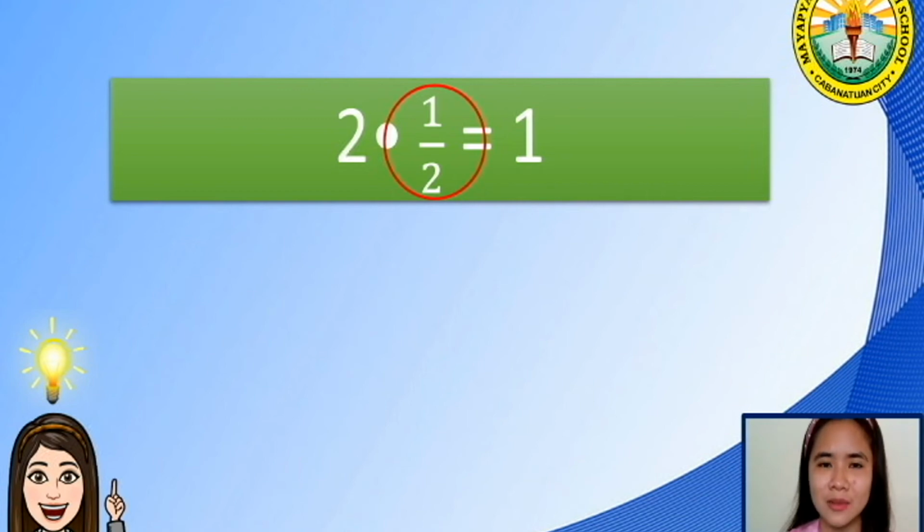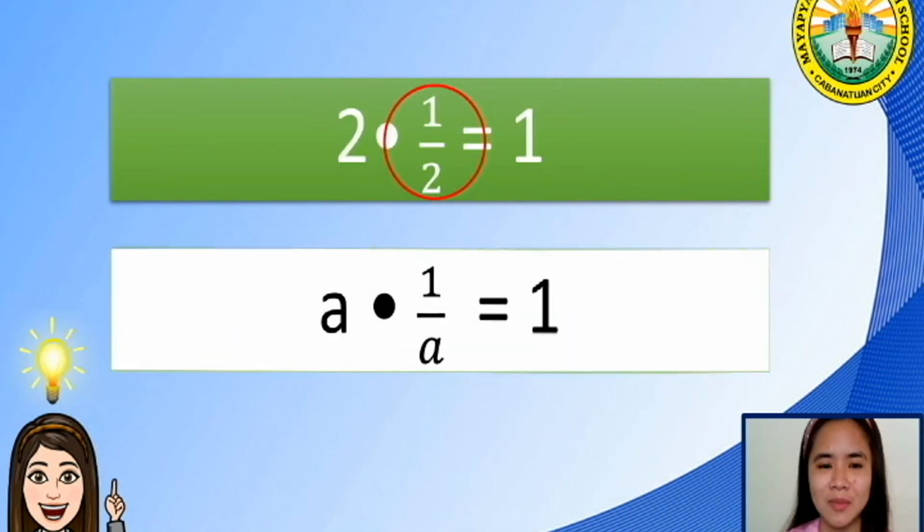That is why 2 multiplied by 1/2 is equal to 1. Same goes with a multiplied by 1 over a. 1 over a is the multiplicative inverse or reciprocal of a. That is why a times 1 over a is equal to 1.